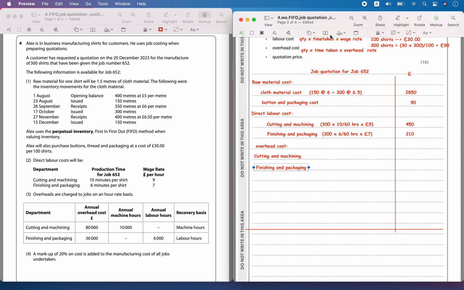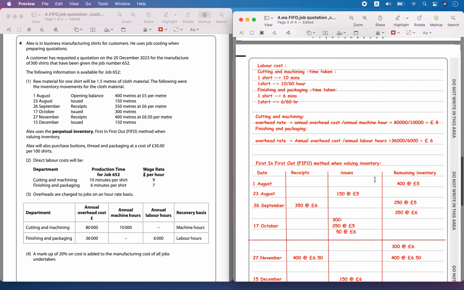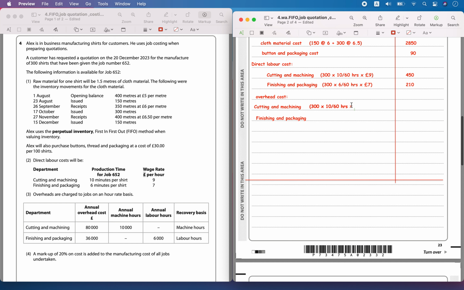Now we have this. Let's calculate the total overhead cost. The quantity of shirts that needs to be prepared is 300. For that quantity and the time taken, we know time taken is 10 by 60 hours, times the rate, which is 8 pounds. Here we have to use the overhead rate.